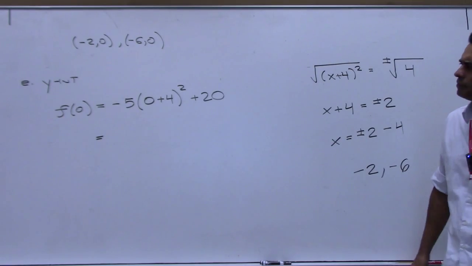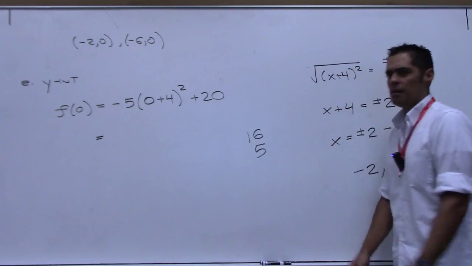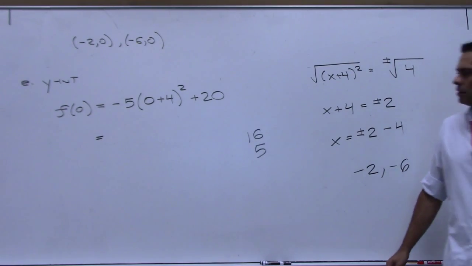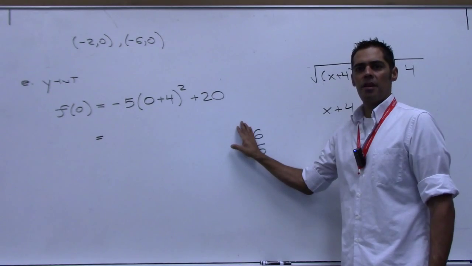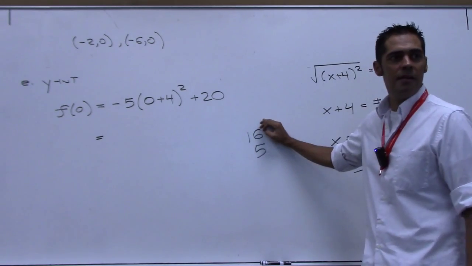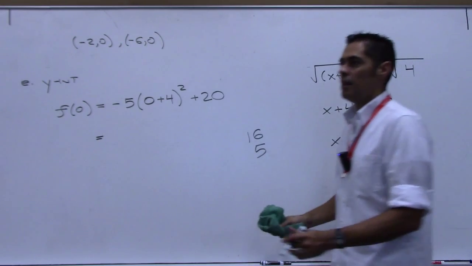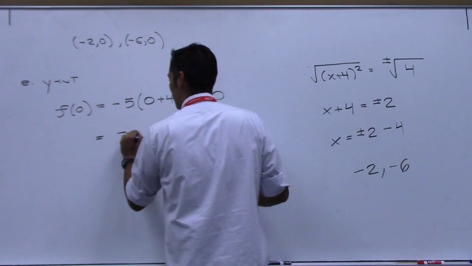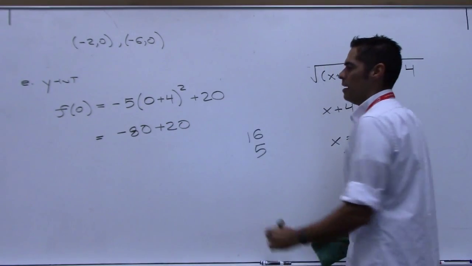Or, how do you do that in your head? Does anyone have a way of doing 16 times 5 in their head? 6 times 5, 30. And then 10 times 5, it's 50. Negative 80, whatever. All right. -80 plus 20, is that it? Yes. That's what, -60?